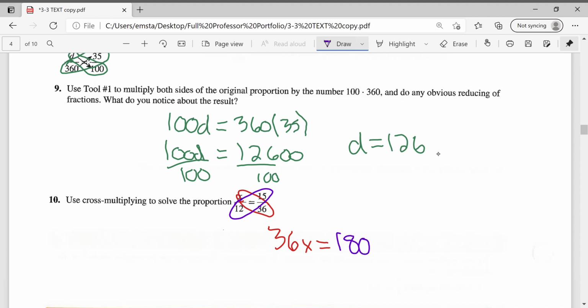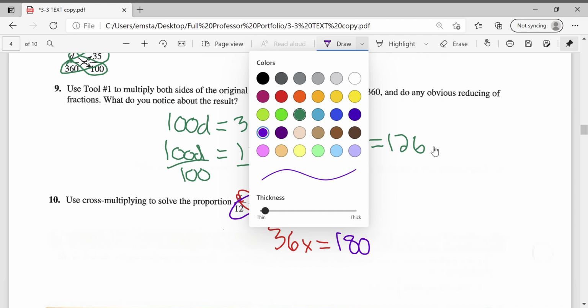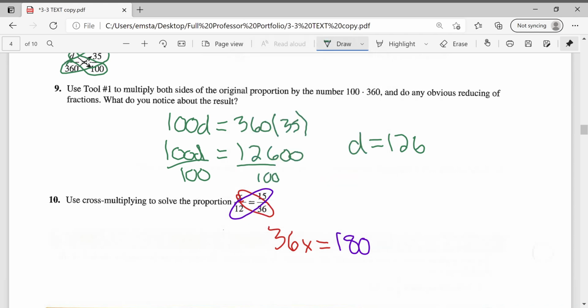Now we've got an equation we can solve. I have 36 times x. What's the opposite of times? Divide both sides by 36. And we get x equals, you can throw that into your calculator, you should get 5.